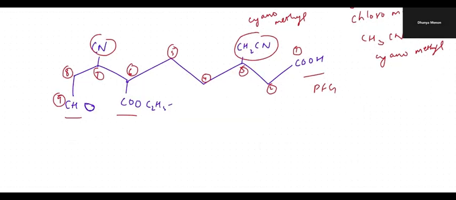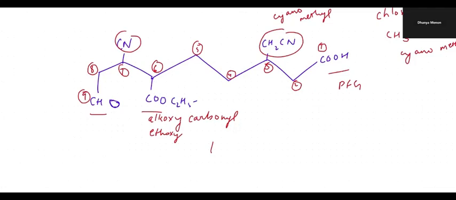So here, when the ester is the substituent, we use alkoxycarbonyl. Here, what is the alkoxy group? It is ethoxy. Okay, now we name it according to the alphabetical order.